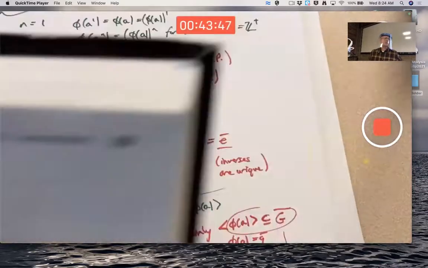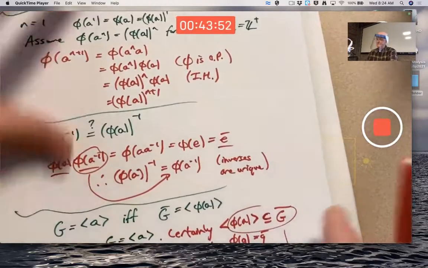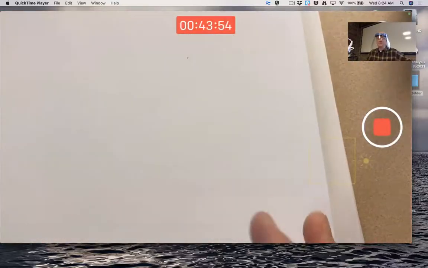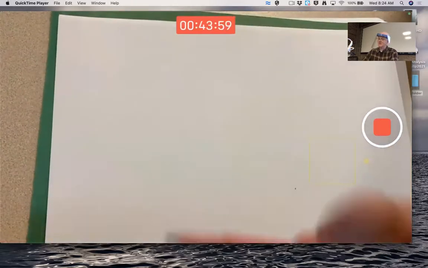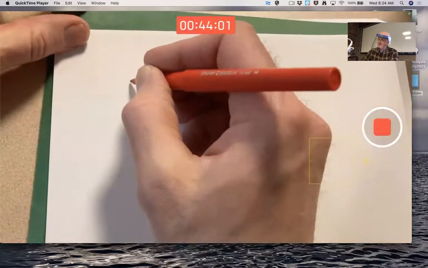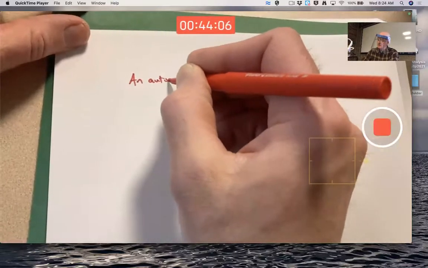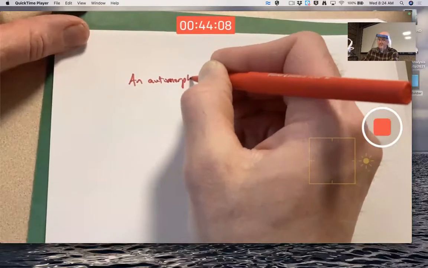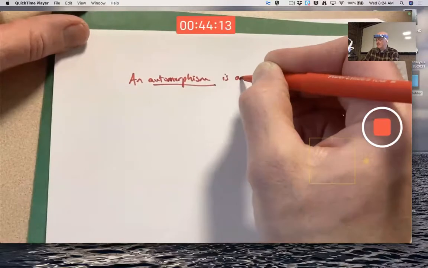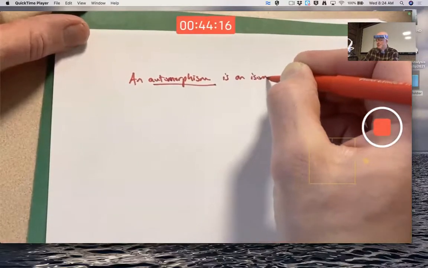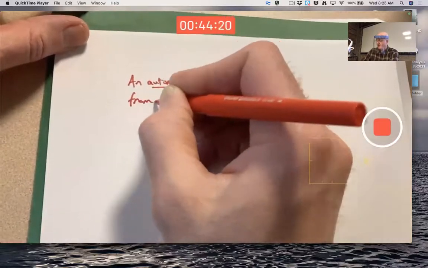What are automorphisms and inner automorphisms? Well, the concept of an automorphism is trivial if you know what isomorphisms are.